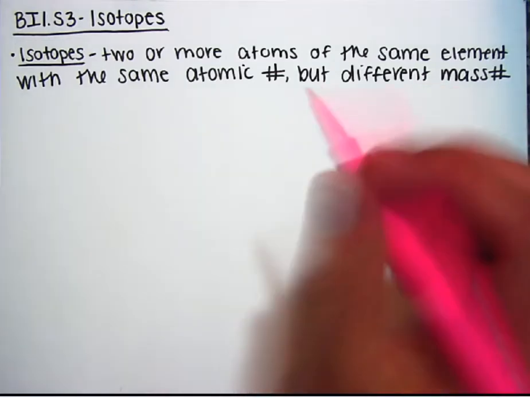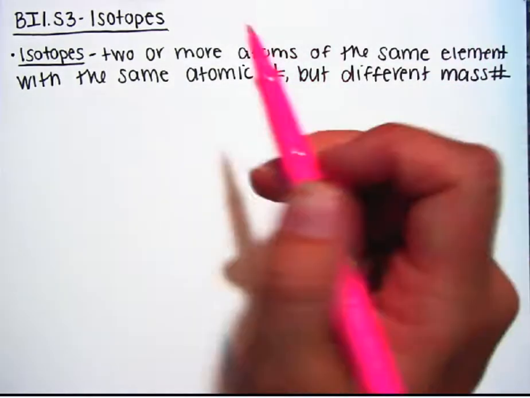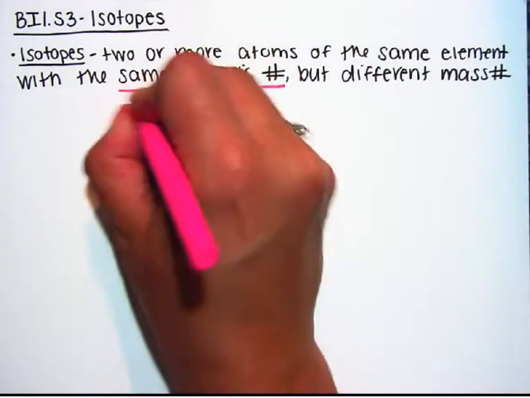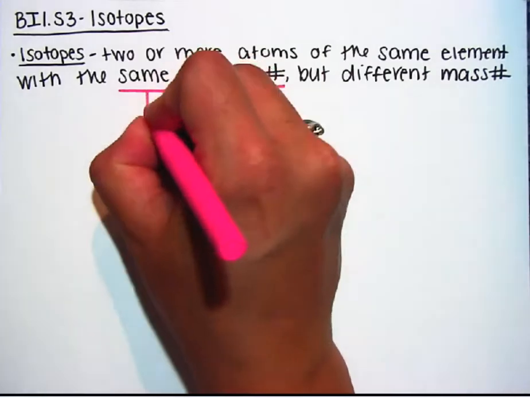So if they are two or more atoms of the same element, it means they're going to have the same atomic number.